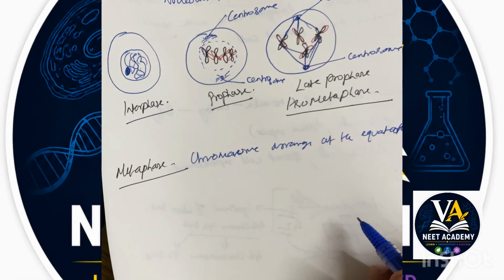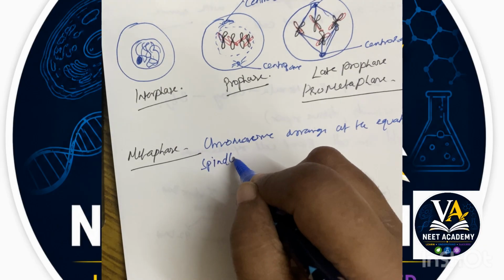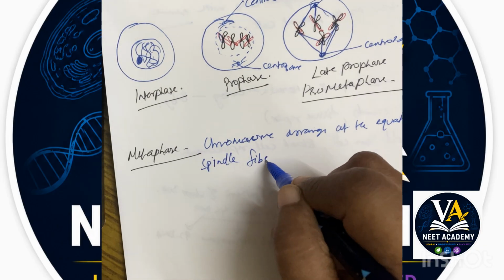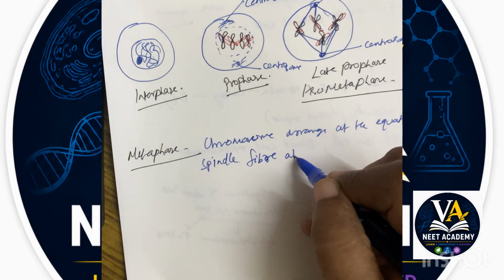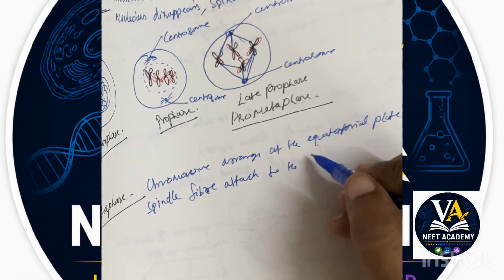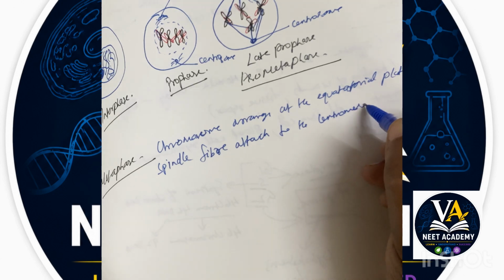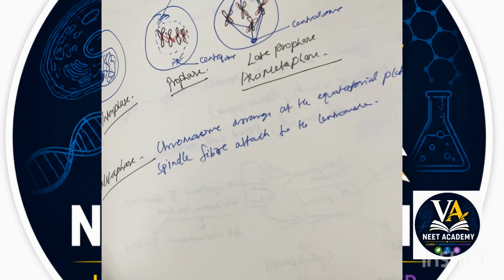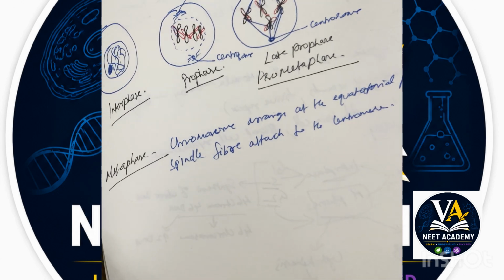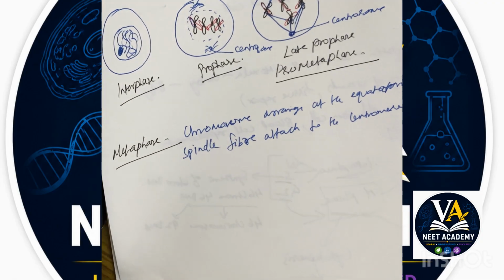And then the next very important event is that spindle fiber attaches to the centromere. What structure is the centromere? Remember, the centromere is the middle portion of a chromatid.